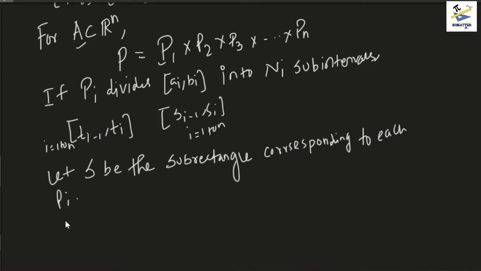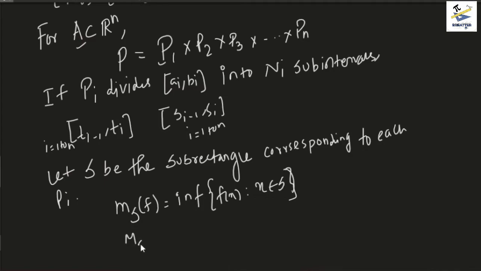So for a particular Pi, we pick a subrectangle S which is being partitioned, and what we can calculate for that is the small m, which is basically the infimum of the set of values of f on S, and the capital M, which is the supremum of the set.